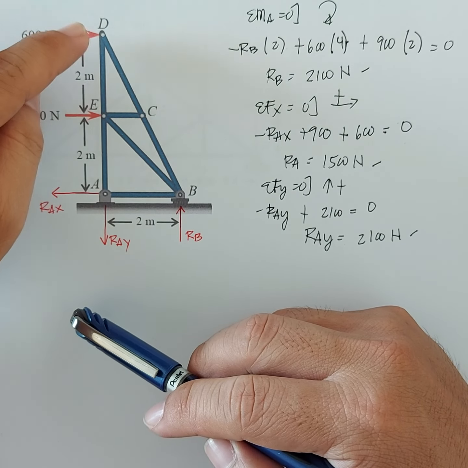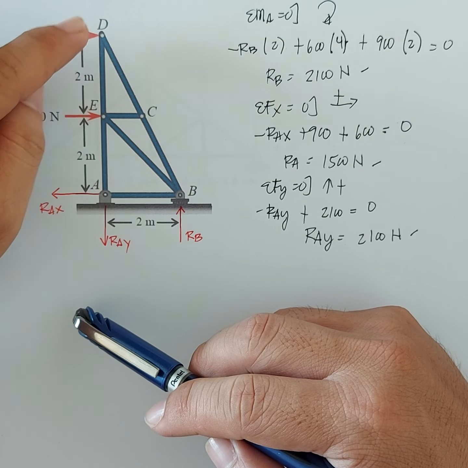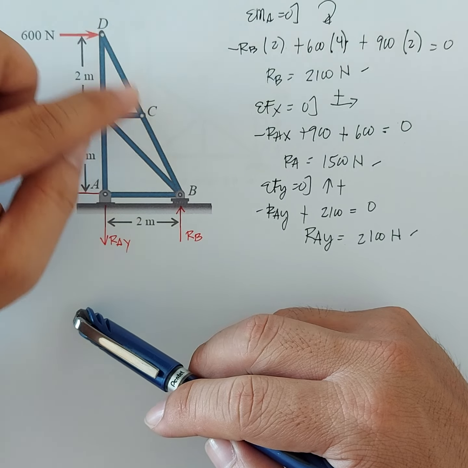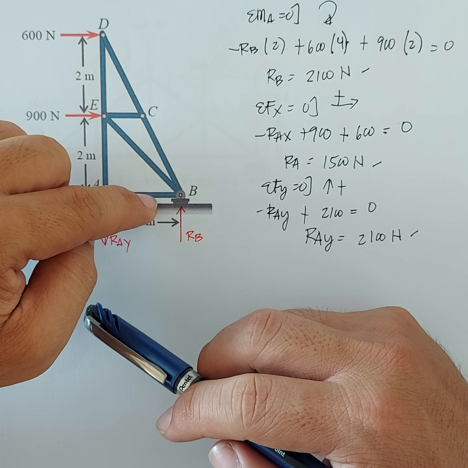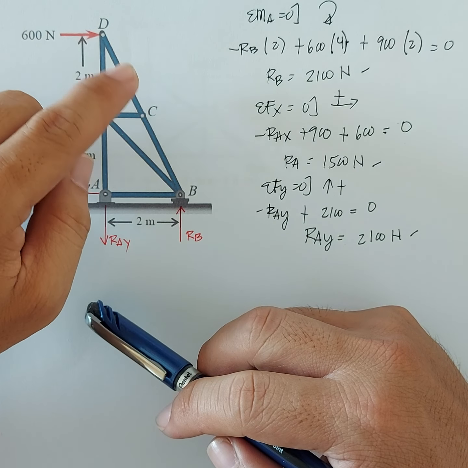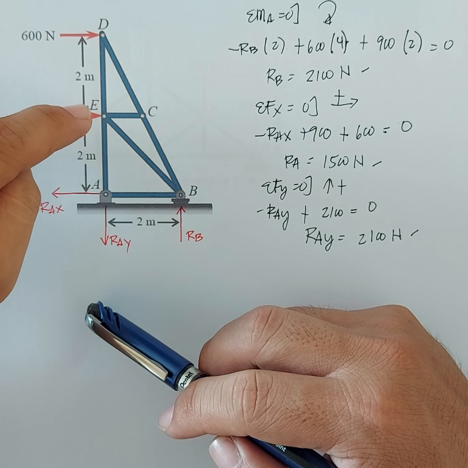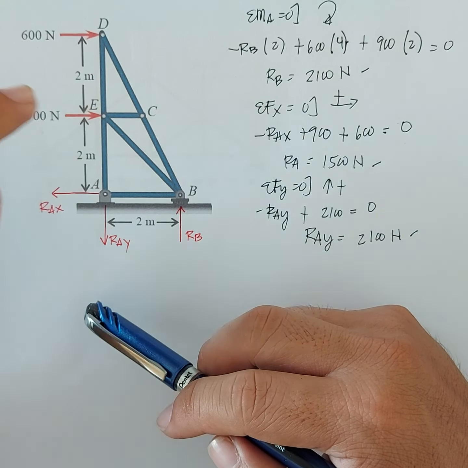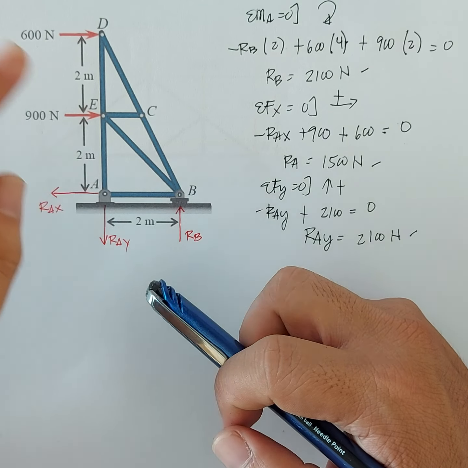That is, ang unknown lang is yung force DE along DE, and force DC. Okay? Hindi pwede sa B kasi tatlo yung unknown. Hindi rin pwede sa C kasi tatlo rin yung unknown. Mas lalong hindi pwede sa E kasi apat yung unknown dyan. So, dalawa lang option natin. We can start at A or D.